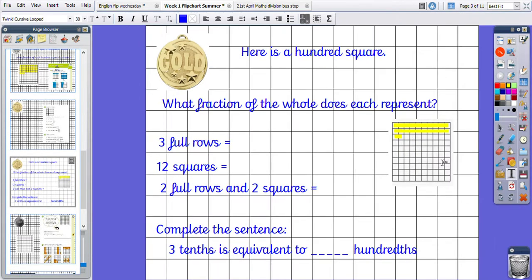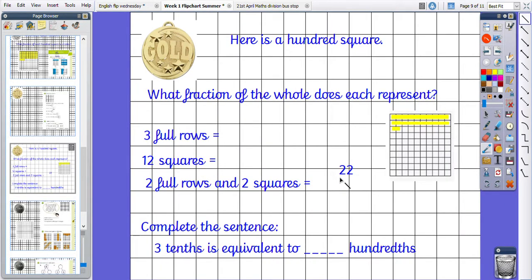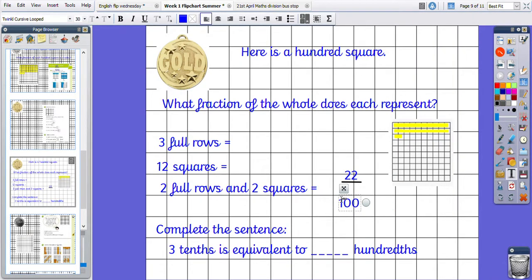Now I know I could only answer that using hundredths because I've not got 3 full rows. So I know I've got 10, 20, 21, 22 as my numerator, and I have 100 equal parts altogether.